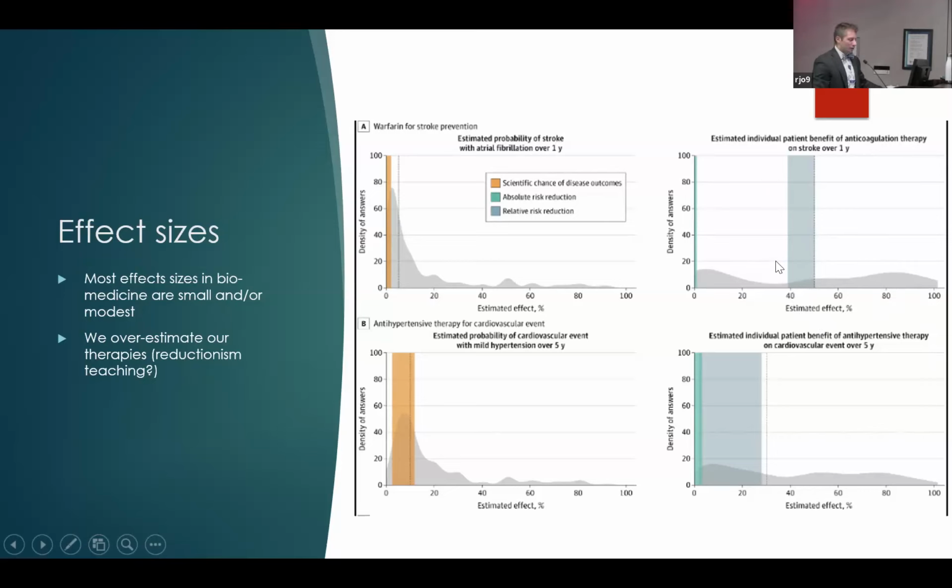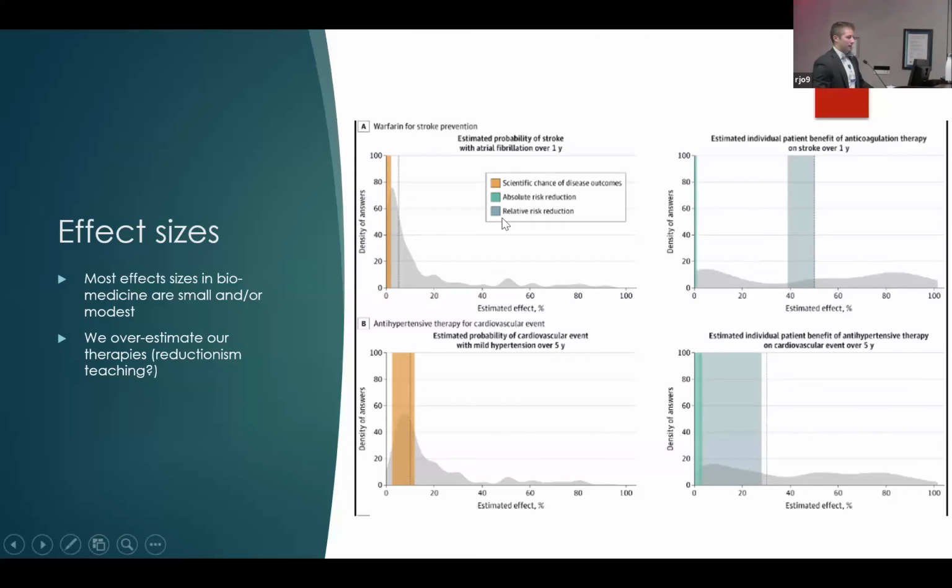However, the chance of warfarin preventing a stroke is closer to about 2 to 3%. So I think, based on my anecdotal experience, we tend to overestimate how much effect we're having. And I think it's important to remember the actual effect of our therapies, because it helps with counseling patients and knowing what to do with patients as they come your way.